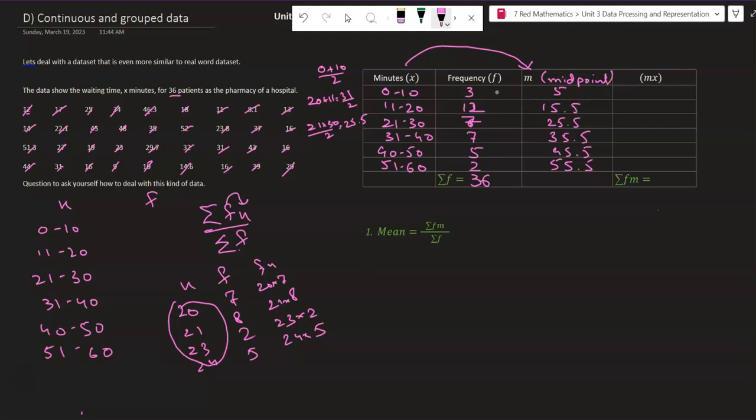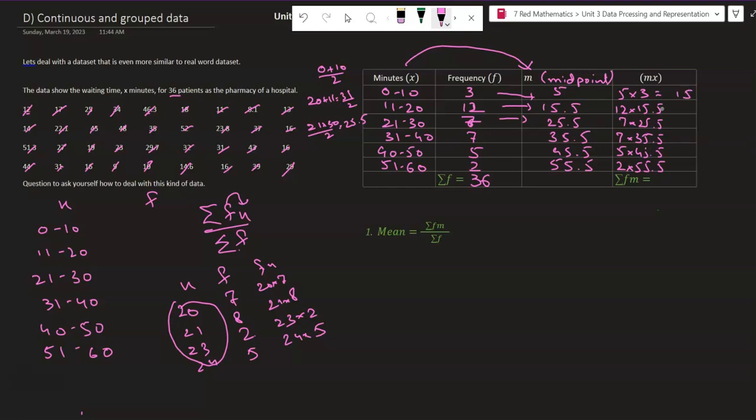And now I have to multiply this with this, and so we have mx. So 5 into 3, 12 into 15.5, 7 into 25.5, 7 into 35.5, 5 into 45.5, and then 2 into 55.5. Okay, so we have to multiply these.